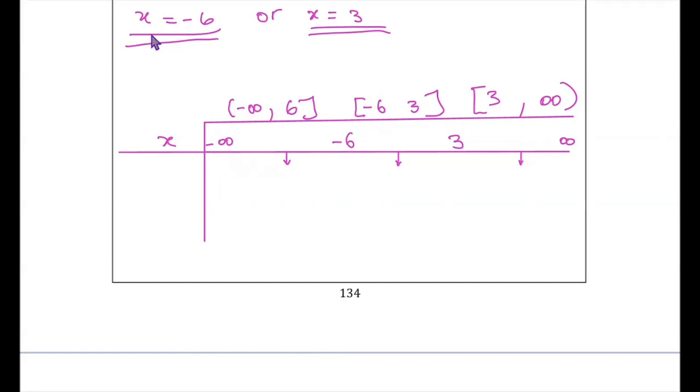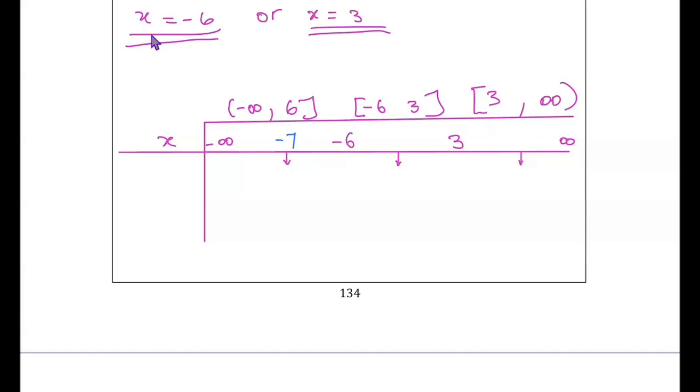So let me find a value from negative infinity to negative 6. Well, I always want to take values closer to negative 6 because the bigger the value is, the more work you're going to need to do in order to solve it. So that's why I will take the closest value to negative 6. Well, I can take negative 7. Negative 7 is between negative infinity and negative 6.